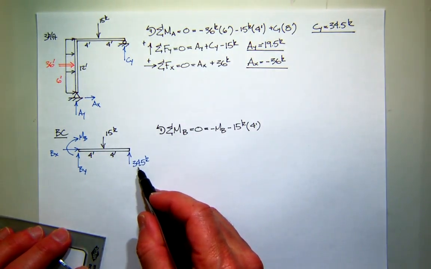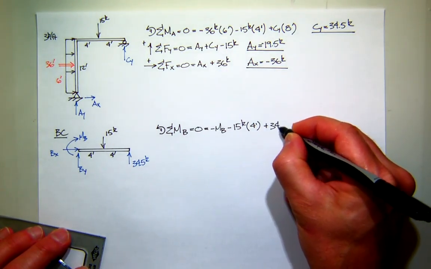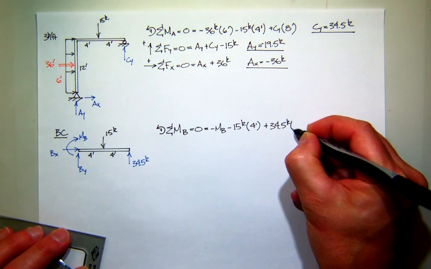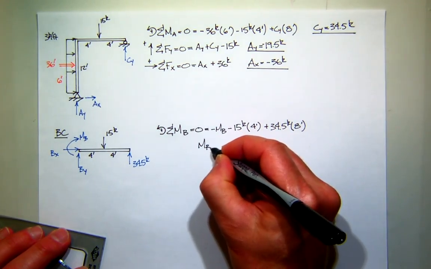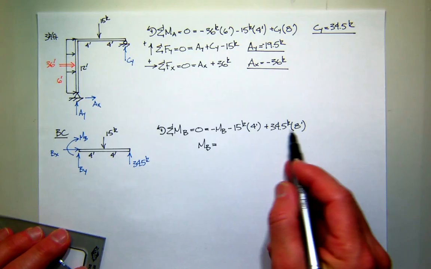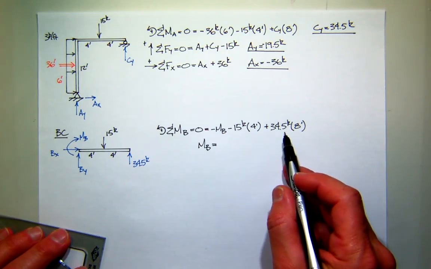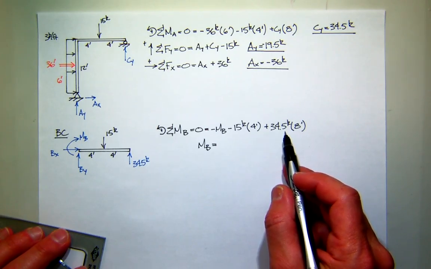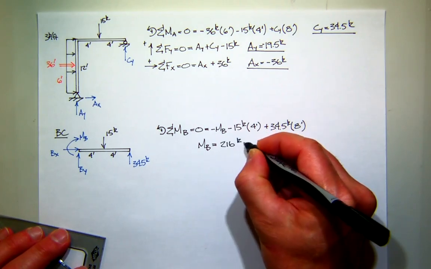And then this reaction force at C creates positive moment, 34.5 kips times 8 feet. So what's my moment at B? It looks like it's going to be positive. Add those things together. This is 60. 216. What do you get? 216. And that'll be kip feet.